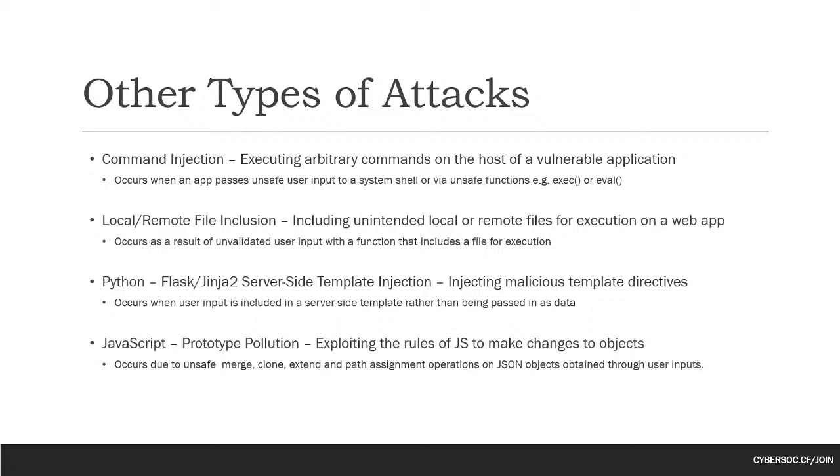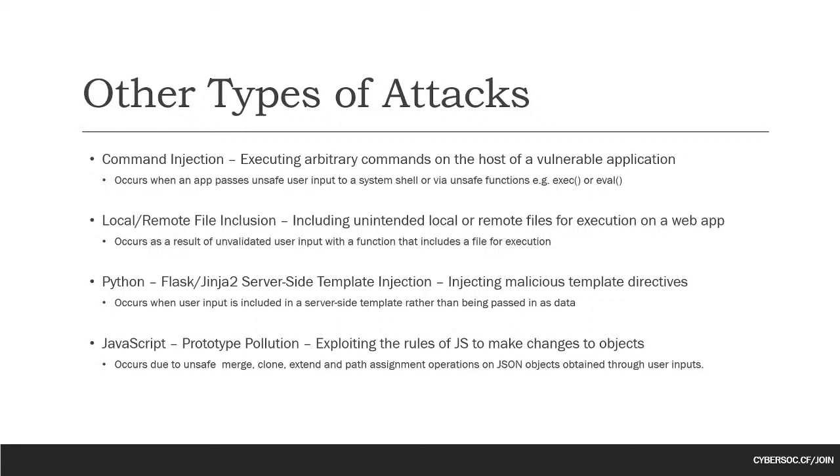Python web frameworks are gaining popularity. The main one is Flask and the Jinja 2 template engine. If you want to generate dynamic websites, generally you will use templates to do that. But what we can do is inject malicious template commands or directives.